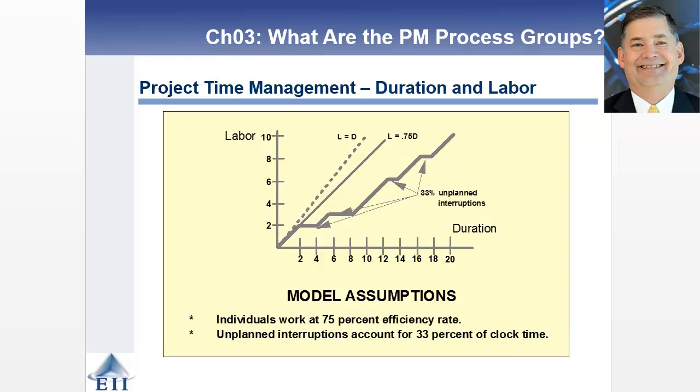Alright, that brings us to time management, and time management is looking out at the duration and amount of labor it's going to take to complete this particular project. And again, when you start to look at time management, you're going to have to look at the entire duration.